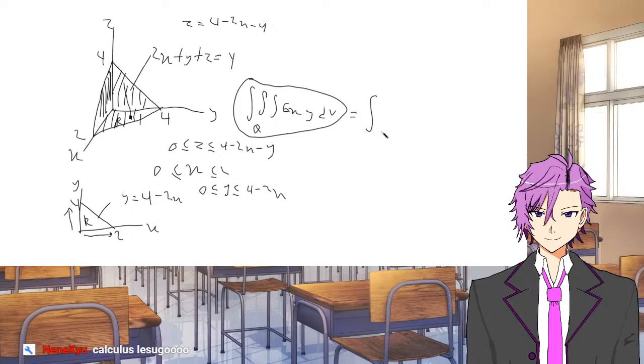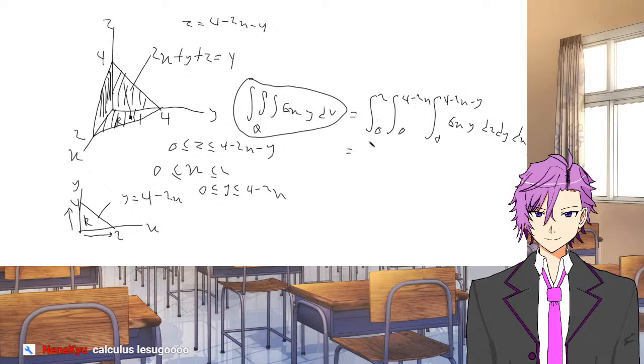So from 0 to 2, from 0 to 4 minus 2x, and from 0 to 4 minus 2x minus y, and the function is 6xy. This is the interval of z, so it would be dz. This is the region of y, dy, and this would be the region of x, dx.